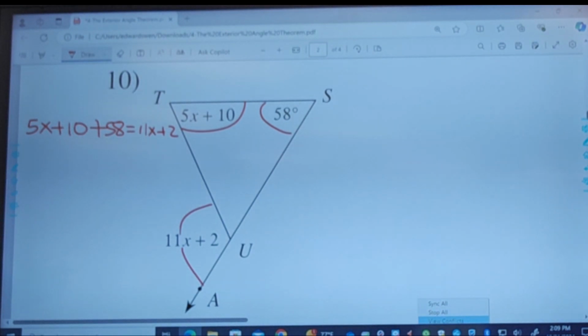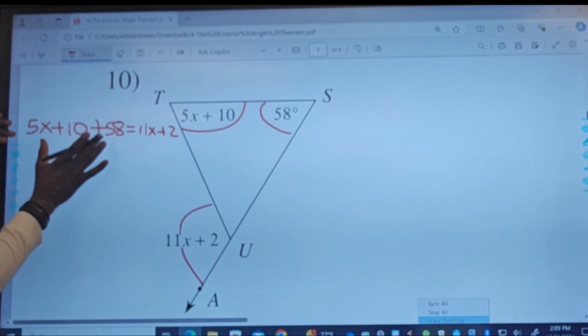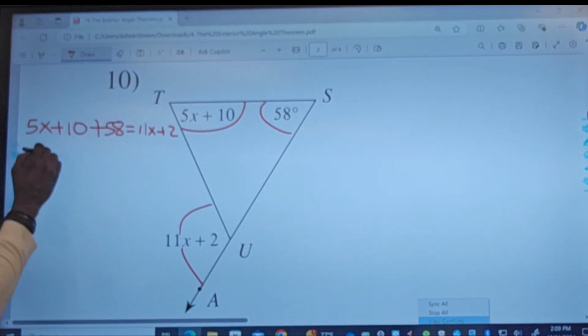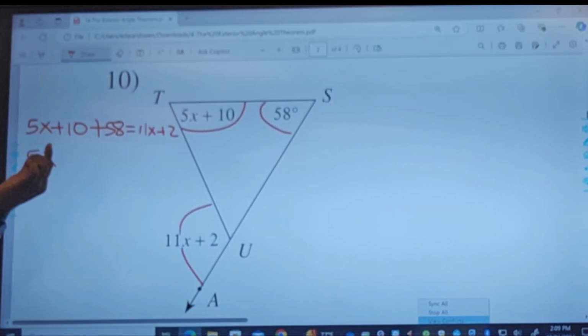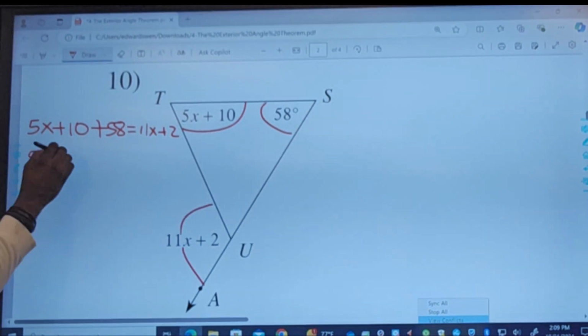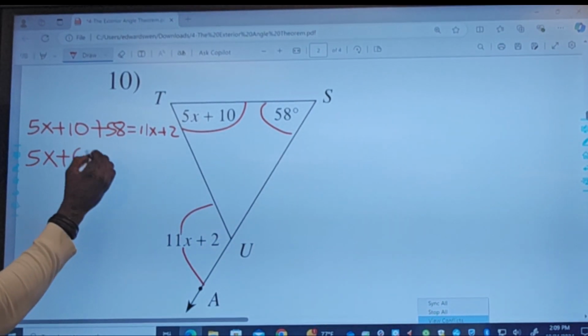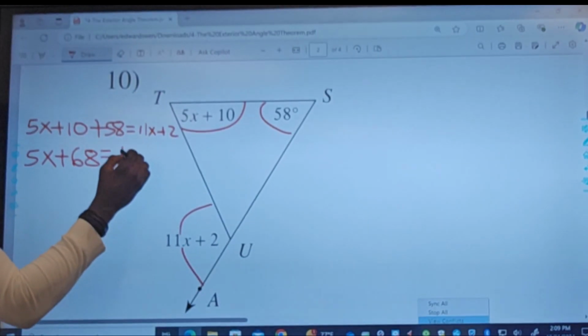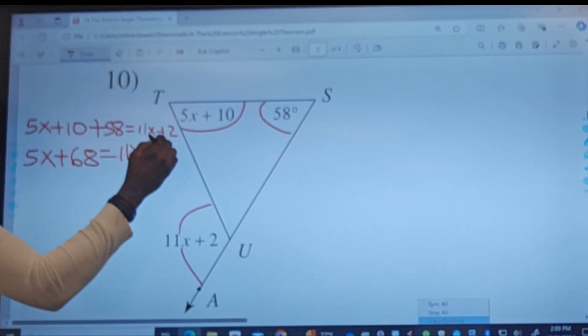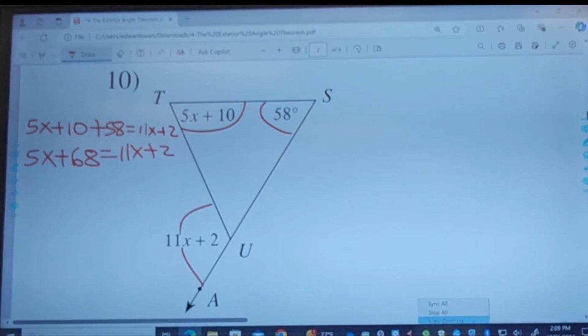So what we want to do is simplify our left side. On our left side, we're going to have 5x. Anybody could tell me what else? 5x what? Plus 68. Very good. So we have 5x plus 68, and this is equal to 11x plus 2. I want to keep my x's on the left.